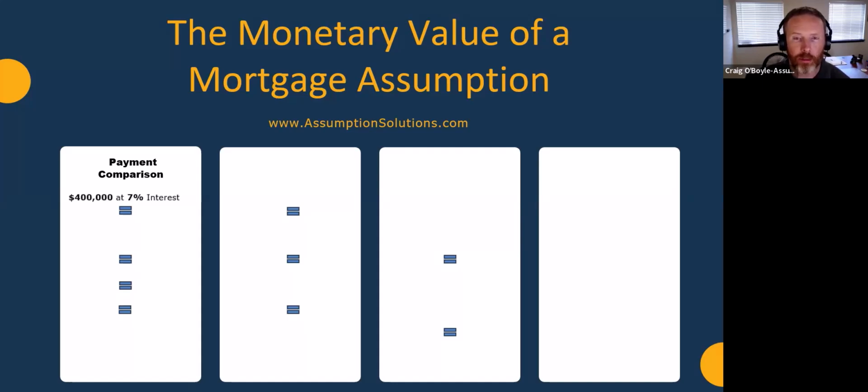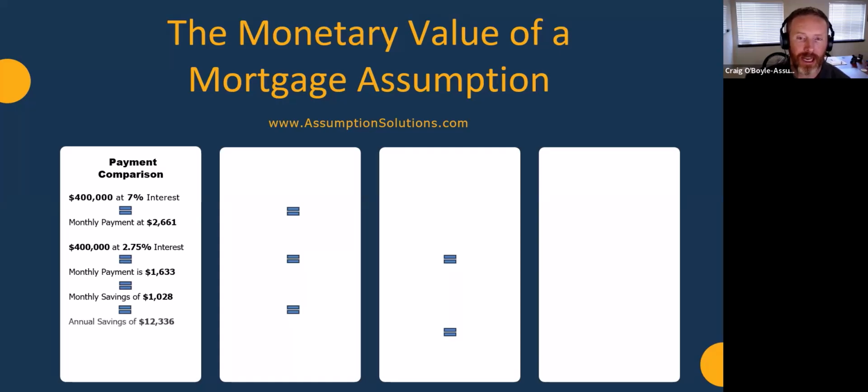So what we'll compare is a $400,000 loan at 7% interest, which equals a monthly mortgage payment of $2,661. And then we'll compare that to a $400,000 loan at 2.75% interest, which gives a monthly payment of $1,633. That is a difference in your monthly payment of $1,028 and an annual savings of $12,336.